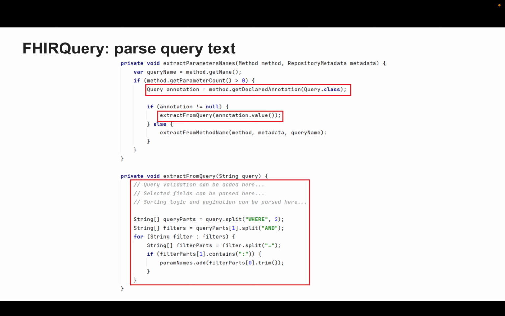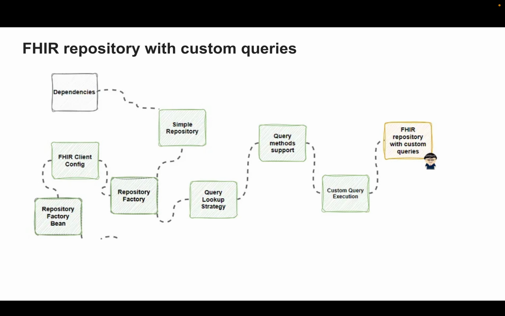Inside the extract from query method, we have only simple parsing logic where we get the where section, get all the parameters from there and populate the parameter names. That's basically it. After we populate the parameter names, we don't need to implement anything else besides that. The query executor will handle all the rest of the logic for us.